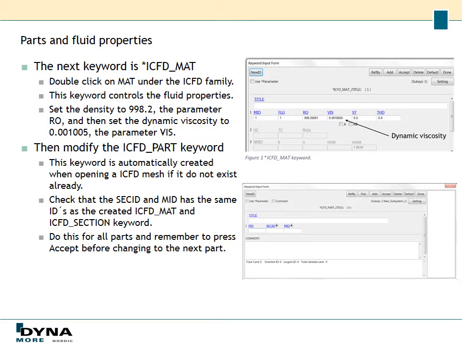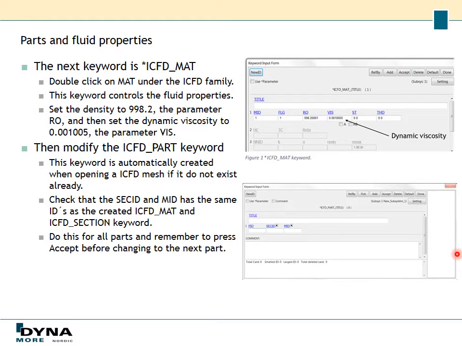The next keyword is eCFD mat, which defines the fluid properties. In our case we're going to define the density to 998.2 and the dynamic viscosity to 0.001005. And then press accept.